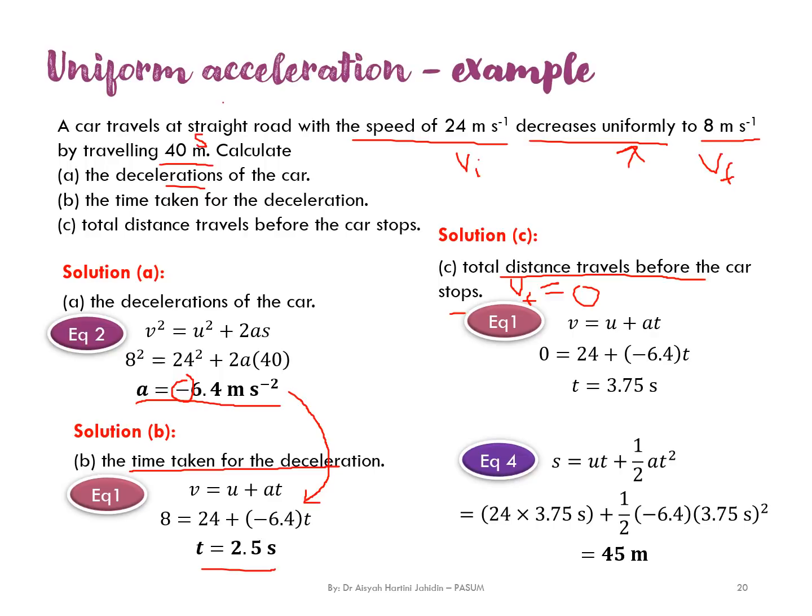We cannot take 8 as our v final, because now the car has stopped. So we need to find the time taken. By using the first equation with v final equal to 0, we get t equals 3.75 seconds. Now we calculate the total distance by using the fourth kinematics equation, and we get the answer as 45 meters.